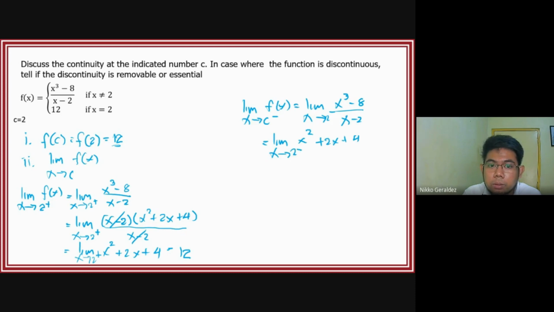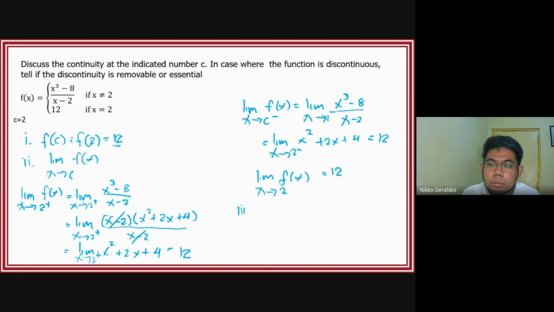Substitute. Left-hand limit is equal to ganun ulit, 12. Nag-equal ang right-hand and left-hand limit, so the limit of f of x as x approaches 2 is equal to 12.